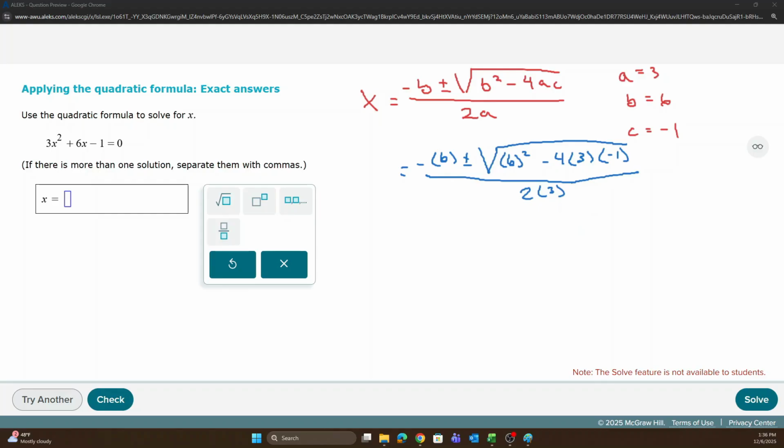Let's make some calculations here and clean this up a bit. So we have -6 plus or minus square root, 6 squared is 36. 4 times 3 is 12 times -1. These negatives are going to cancel out, so we get plus 12, all over 6.